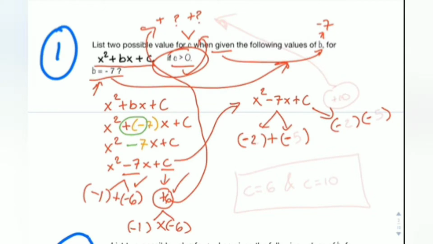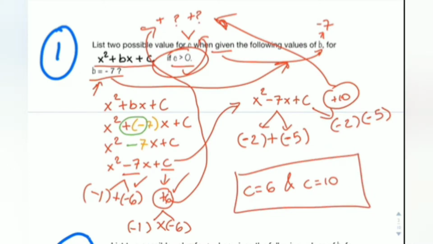So let's go with 2. Negative 2 plus negative something equals negative 7, negative 5. Okay, now let's plug it in. Negative 2 times negative 5 is positive 10. There you go, positive 10. So that's our other answer. Okay, so we know that C is equal to 6 and C is equal to 10.